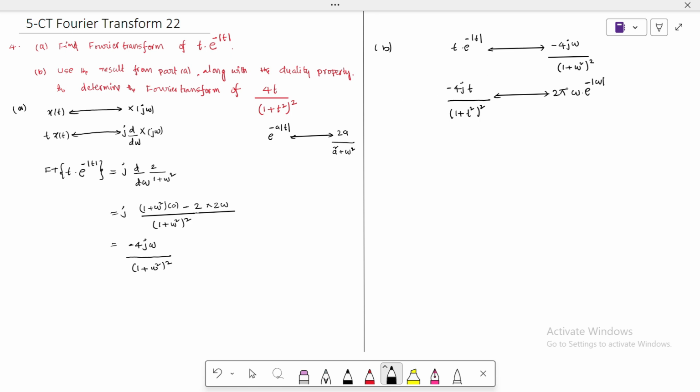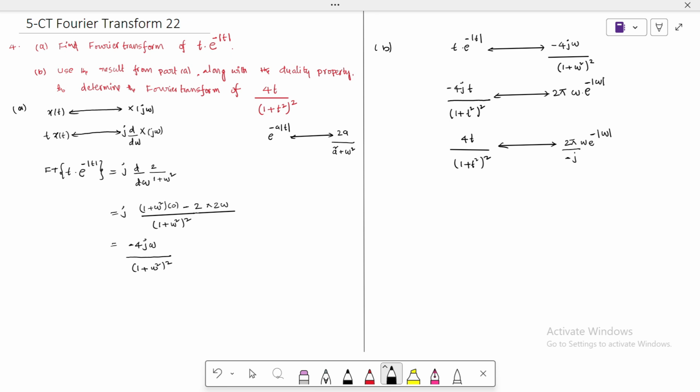Now this is a constant, so we can send it to the right side: 4t by 1 plus t square whole square equals minus j, then 2 pi by minus j omega e power minus omega.